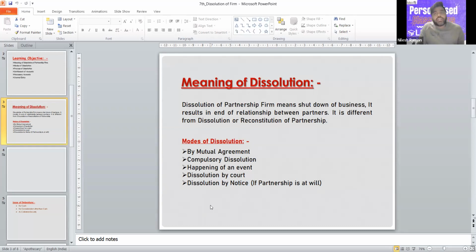Compulsory dissolution means a situation in which you cannot continue your business, like when your business has become illegal, unlawful. In that case, you have to close your business. Like right now in Bihar, my home state, there is a ban on liquor.